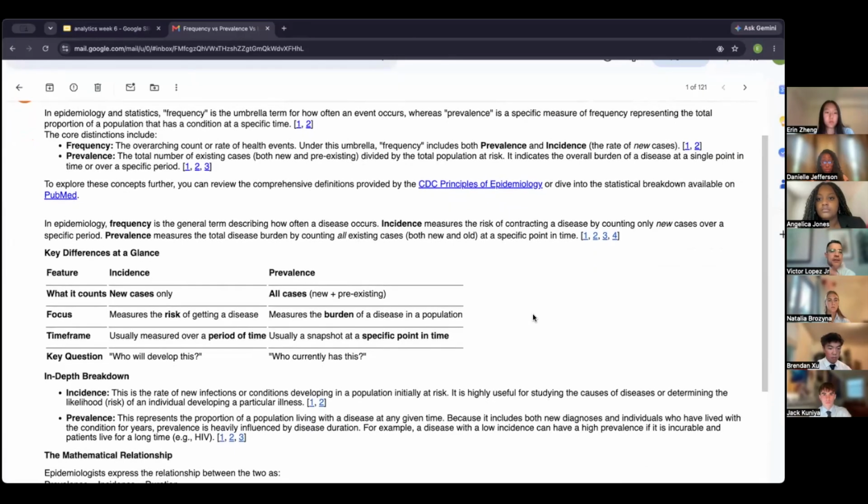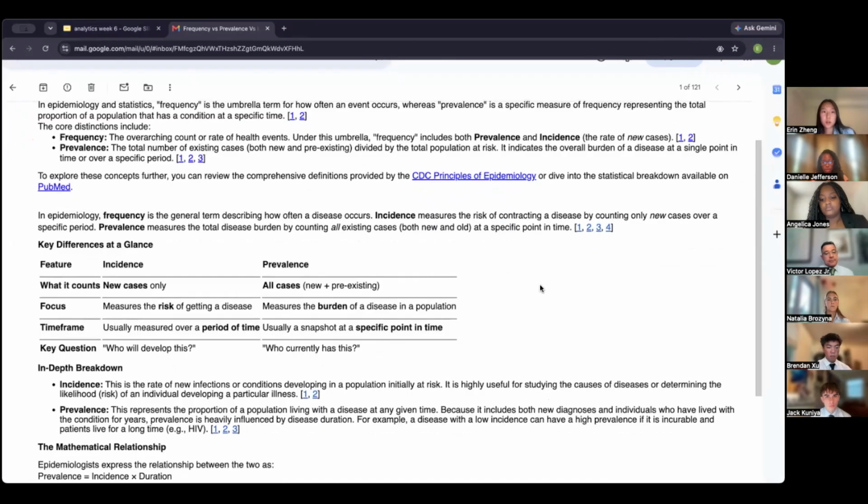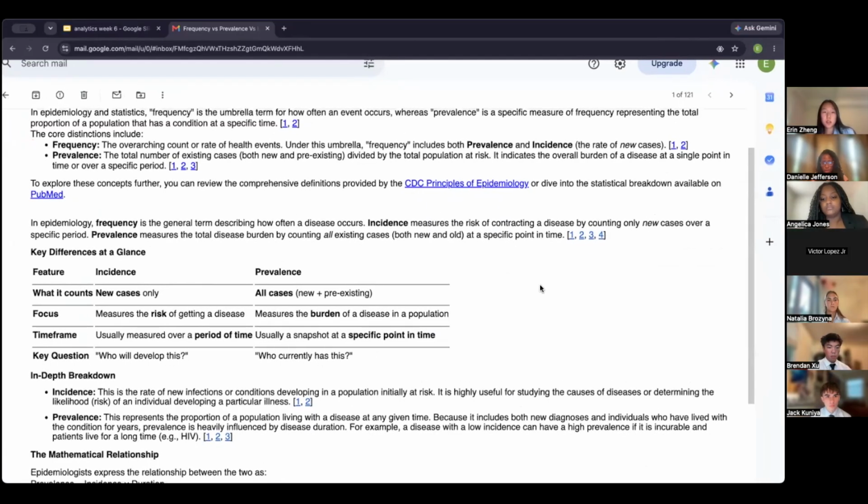Why don't you go over what the difference between frequency and prevalence is? That's the most important, the first two. And then you could discuss maybe the incidence versus prevalence, and then obviously how it goes into burden. Okay, so from here, frequency is how often a disease occurs.